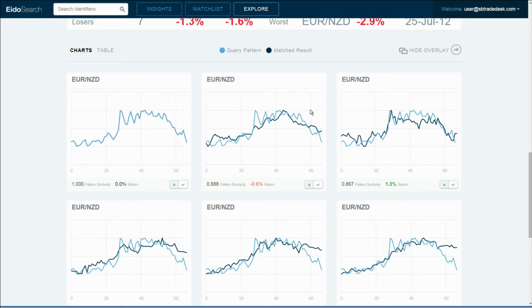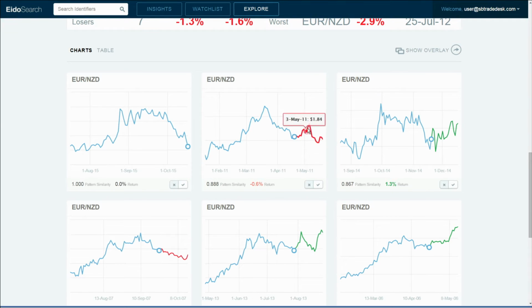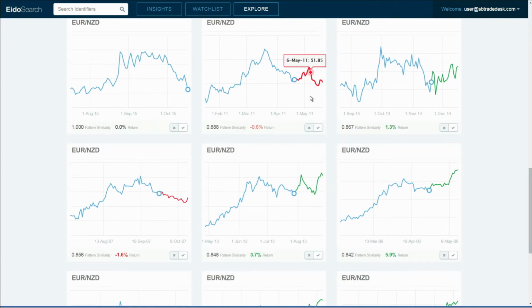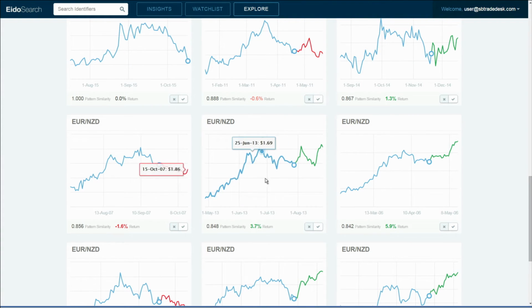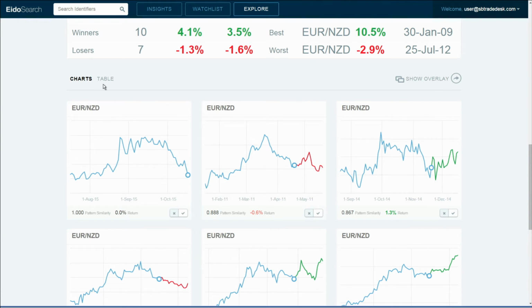Again, if we get rid of the overlay, you can see what happened to each pattern afterwards. So in this instance, this is the path that Euro Kiwi took after we got a similar match. So even though this one was negative, it was actually positive off the bat. And you can also look at this in table form.